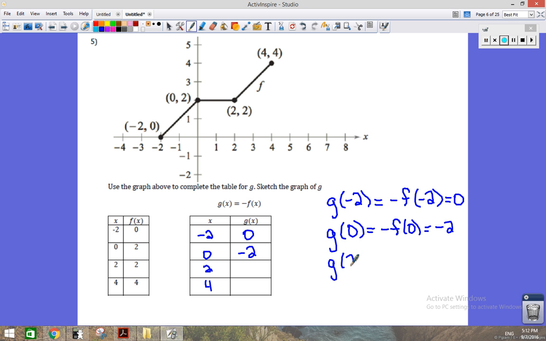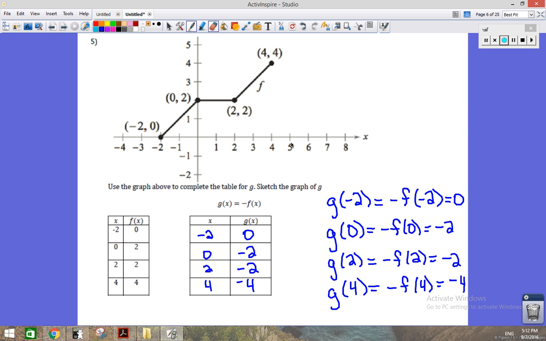If I evaluate this function G at 2, then I'm replacing X with 2, but I'm taking the opposite of F evaluated at 2. And this table tells me that when F is evaluated at 2, you get 2, and the opposite of 2 is -2. G evaluated at 4 is the opposite of F evaluated at 4. And F evaluated at 4 is +4, and the opposite of +4 is -4.